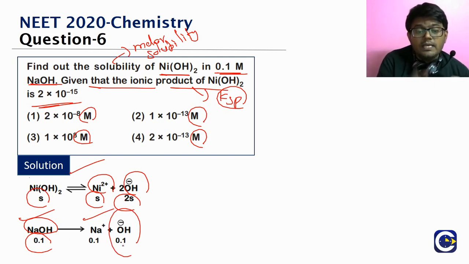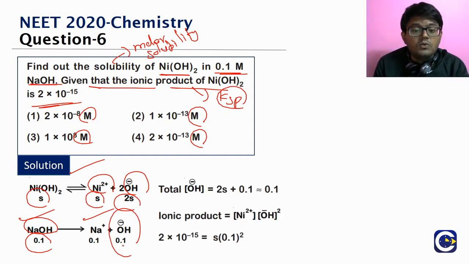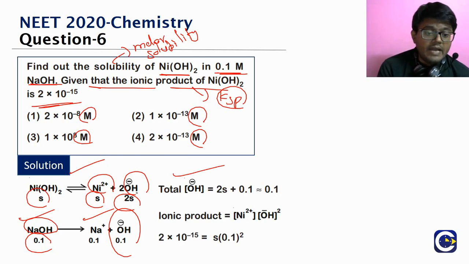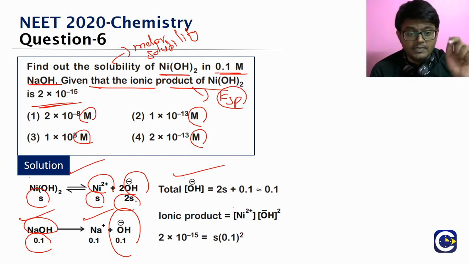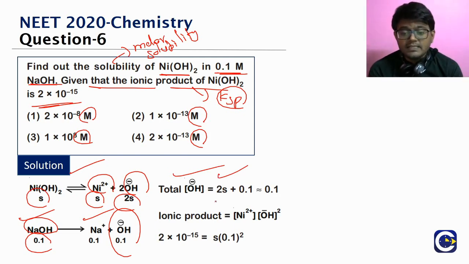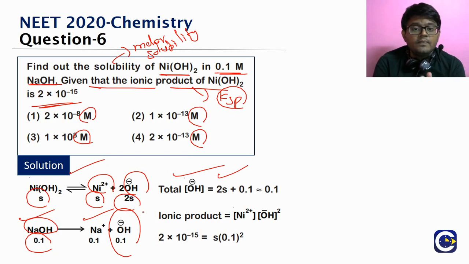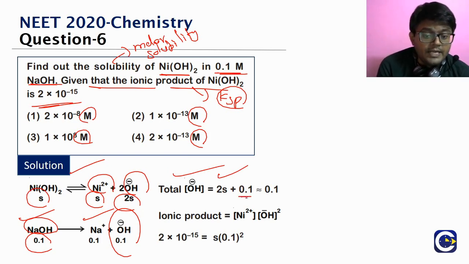Here OH- is a common ion for nickel hydroxide and sodium hydroxide. So the total OH- concentration is the contribution from the solubility of nickel hydroxide, which is 2S, plus the contribution from the ionization of sodium hydroxide, which is 0.1.